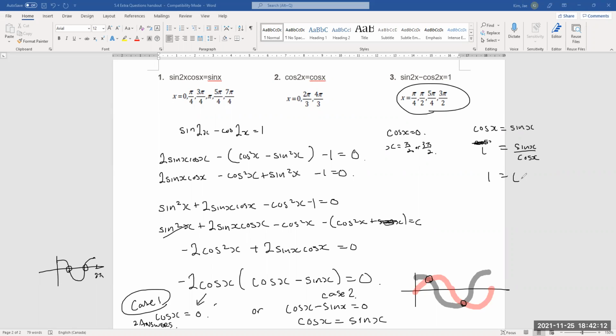So 1 is equal to tangent. And so that's going to be in quadrants 1 and 3. That's going to be an angle of pi over 4 and 5 pi over 4. Okay, so pi over 4, 5 pi over 4, pi over 2, 3 pi over 2.